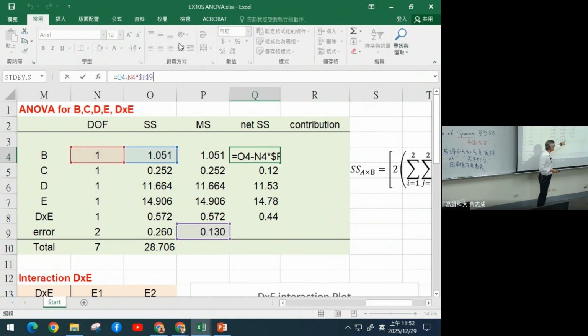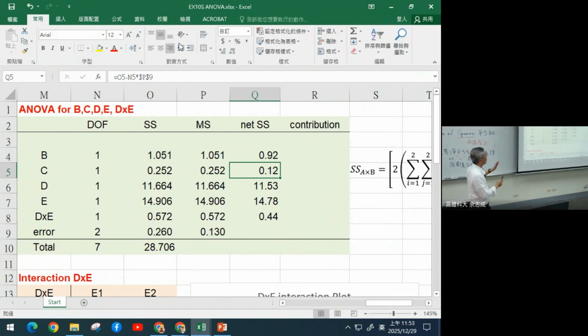The mean sum square changes because we pool effect A into the error term, so the degree of freedom and sum square change. Then the net sum square will become all positive, right? No negative net sum square. Any questions? Very simple, right? When you simplify the model, it will look like that.